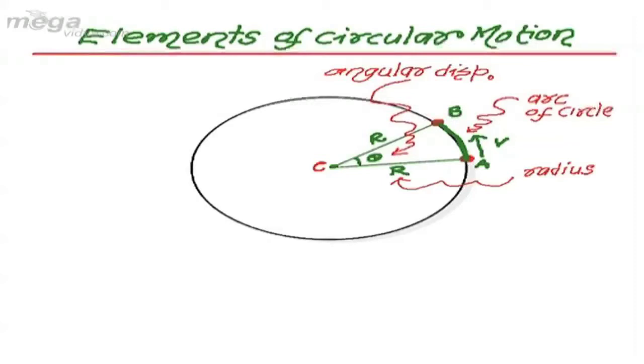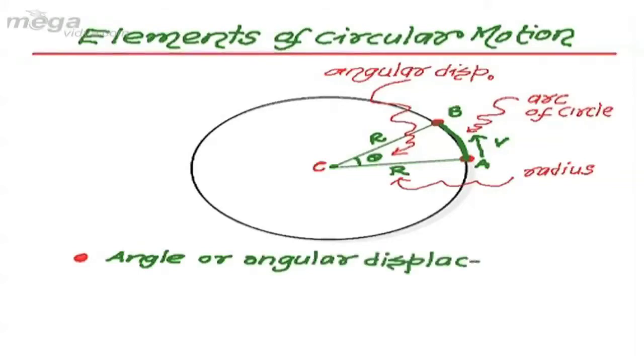So first of all, I am taking this term angle, or we may call it angular displacement. It is represented by the symbol theta, and which is mathematically equal to the arc length divided by the radius.